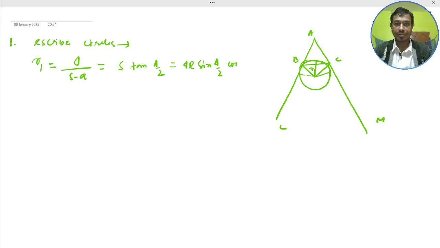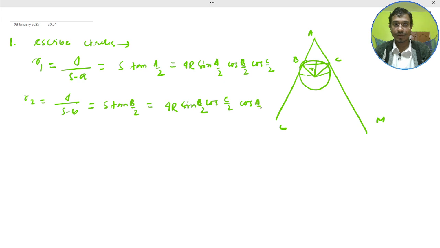That is 4R sin A/2 cos B/2 and cos C/2. Next for r2, that is Δ by (s - b), which is s tan B/2, that is equal to 4R sin B/2 cos C/2 and cos A/2.